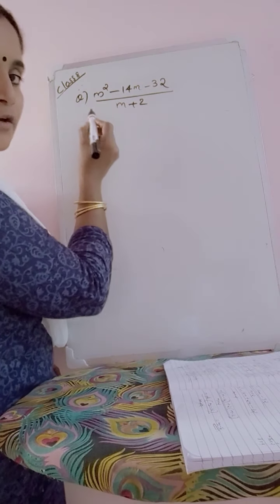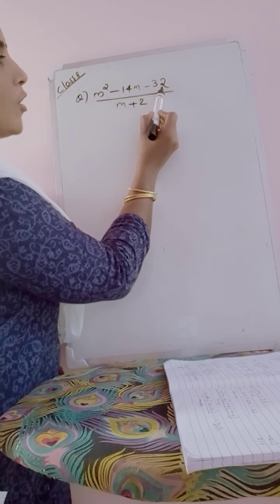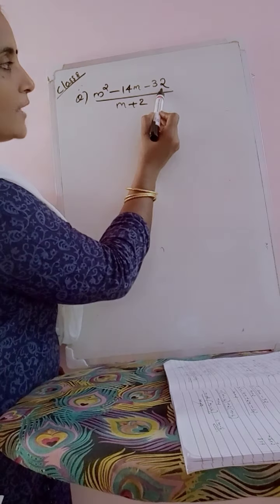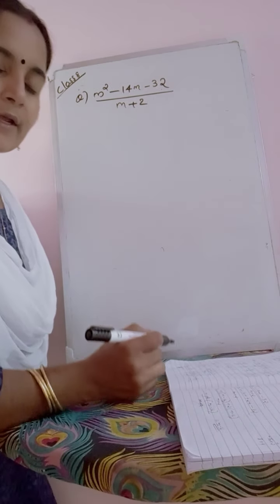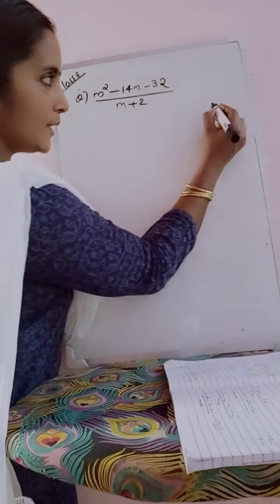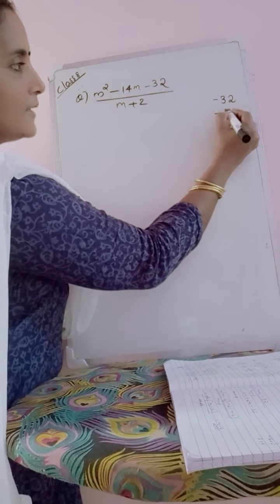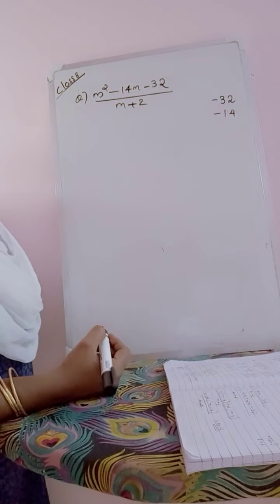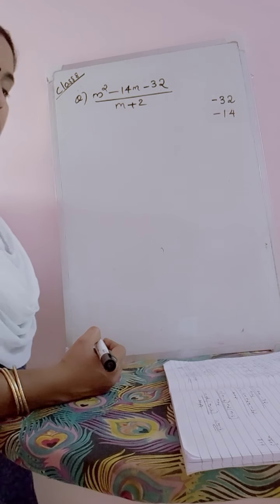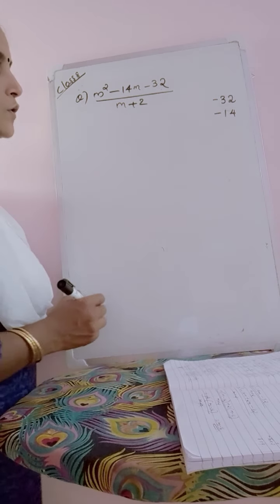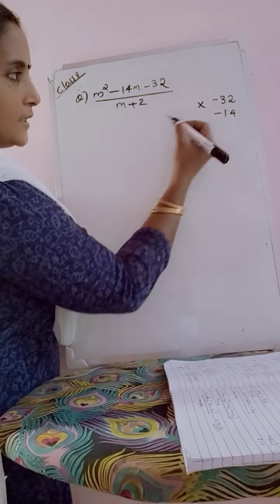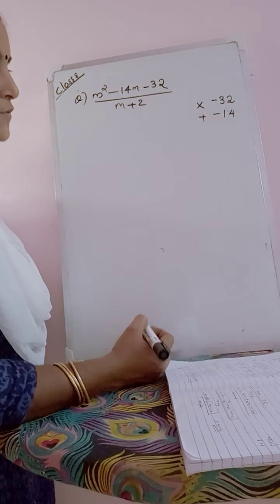So the coefficient of m square is 1 and the constant term or last term is minus 32. Take its product, that is 1 into minus 32. The answer is minus 32. Then the middle term is minus 14m. Okay. You choose two numbers whose product is minus 32 and sum should be minus 14.